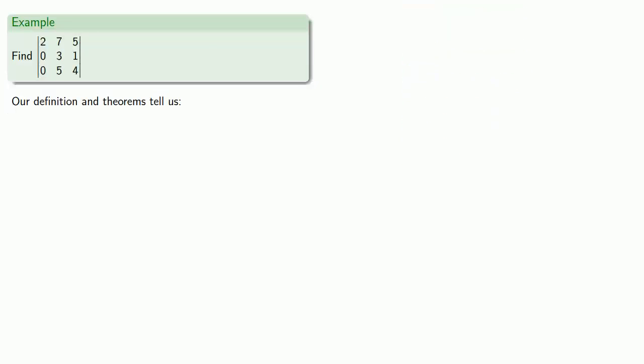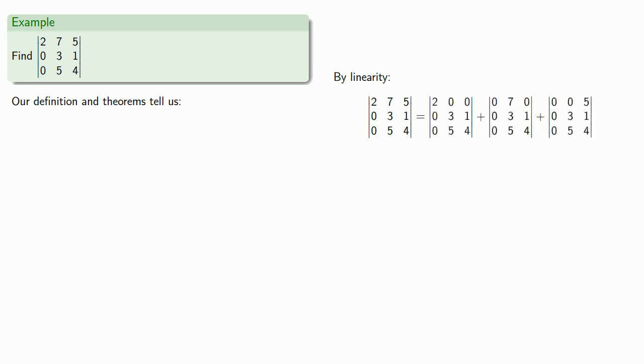And now we're ready to do an important example. Let's consider this matrix. Now our linearity property allows us to find the determinant of this matrix as the sum of the determinants of 3 matrices. And again, we've taken our first row and broken it apart into 2, 0, 0, 0, 7, 0, 0, 0, 5, and importantly, everything else stays the same.